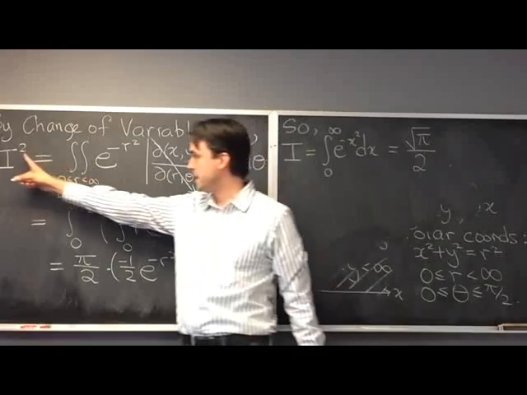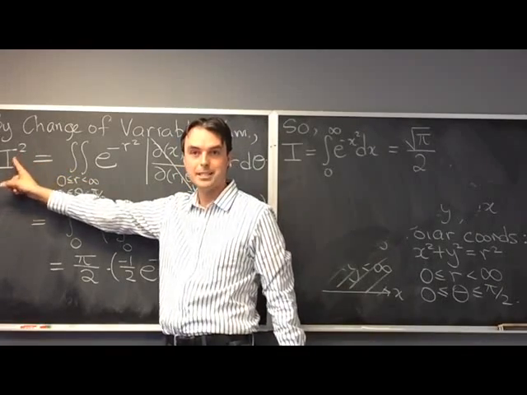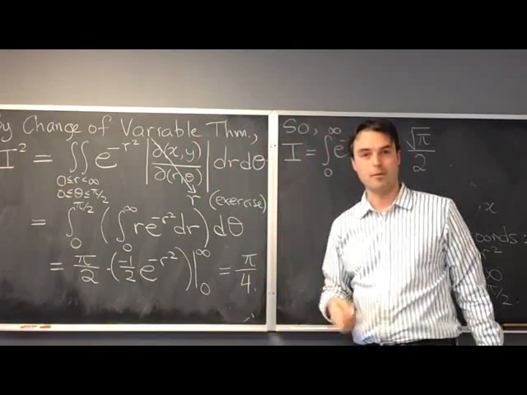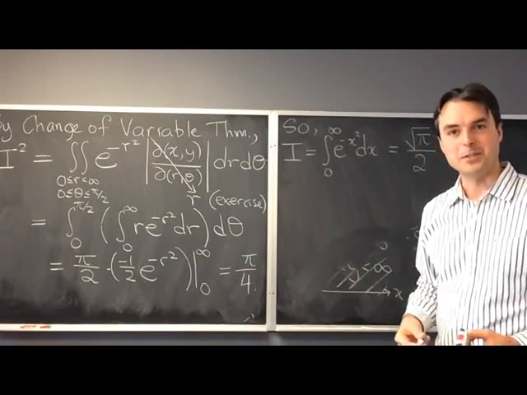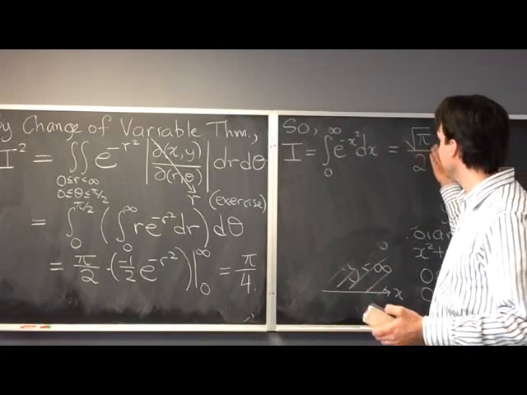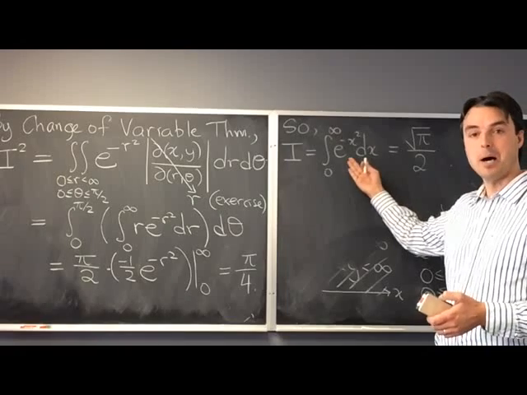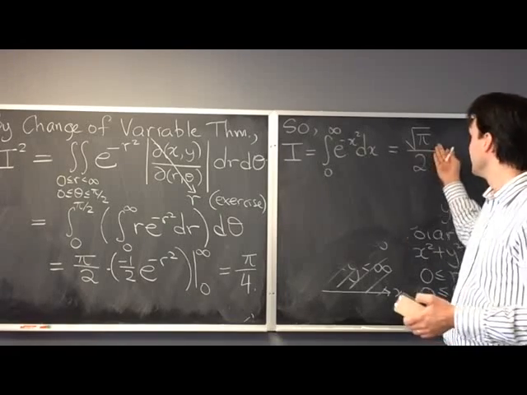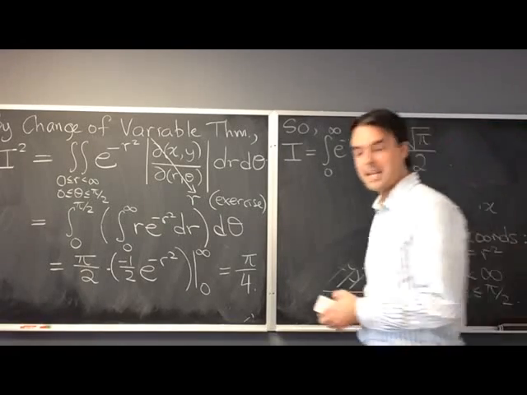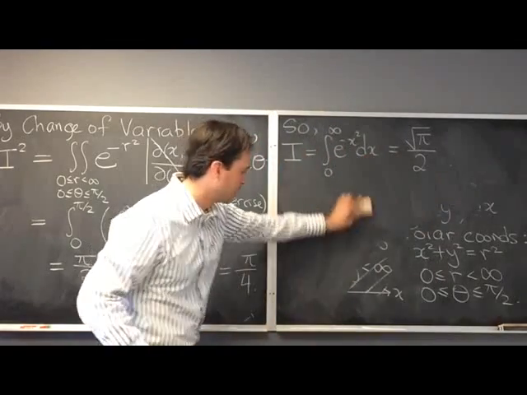Again, that was because we calculated I squared, right? I squared is pi over 4. Therefore, I is root pi over 2. Isn't that fancy? So we've calculated this seemingly impossible looking integral exactly without finding the antiderivative of e to the minus x squared.